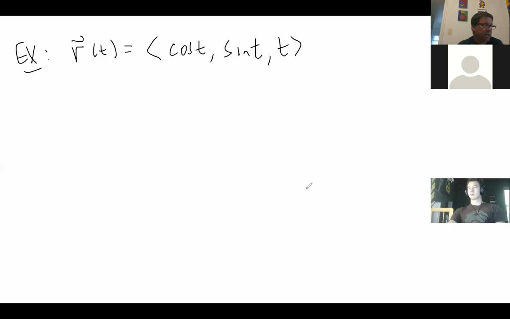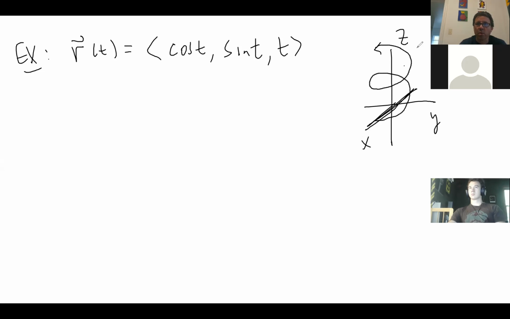But now t is in the z component. So if we draw this, x, y, z, then it does look like cosine and sine. So it does look like a circle, except every time I go up a unit in t, it goes up. So this is the spiral or the helix example, or spring, basically what it looks like.